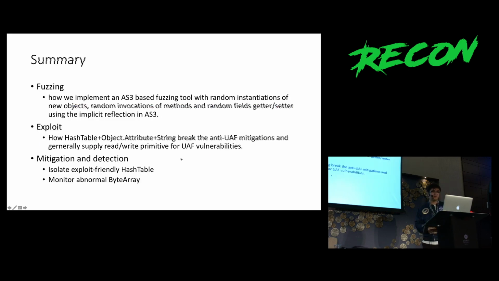Summary. At last, we come to summarize the whole topic. We mainly introduce two parts. One is fuzzing, and the other is exploit. In the fuzzing part, we introduced how we implement an AS3-based fuzzing tool with random instantiations of new objects, random invocations of methods, and random field getters and setters using the implicit reflection in AS3.